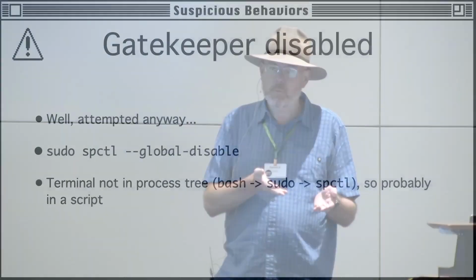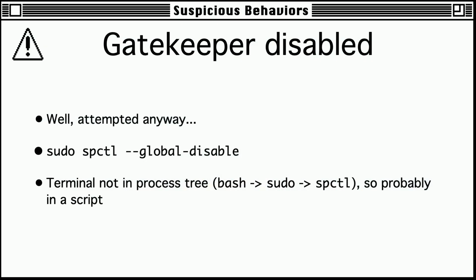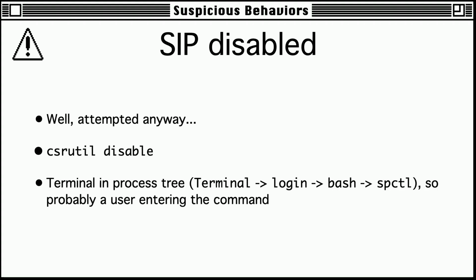So, this is one of those things that it could be legitimate. It could just be somebody doing something stupid, or it could be something malicious, and it takes more investigation to know which. This one is very similar, csrutil disable, trying to turn off SIP. Of course, as we all know in this room probably, that does not work unless you're in recovery mode.